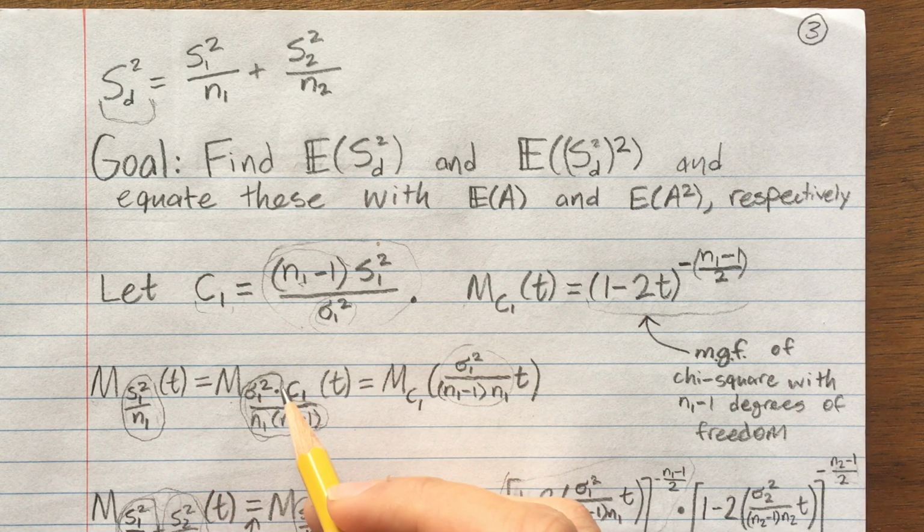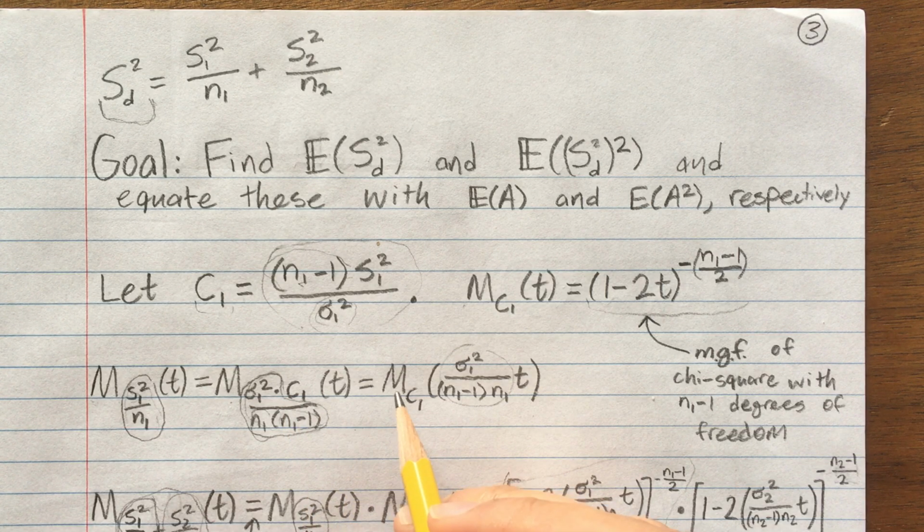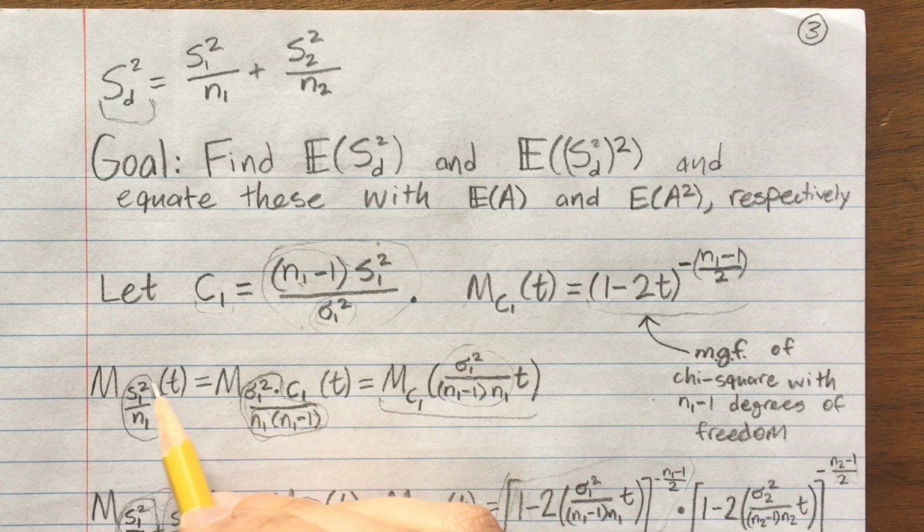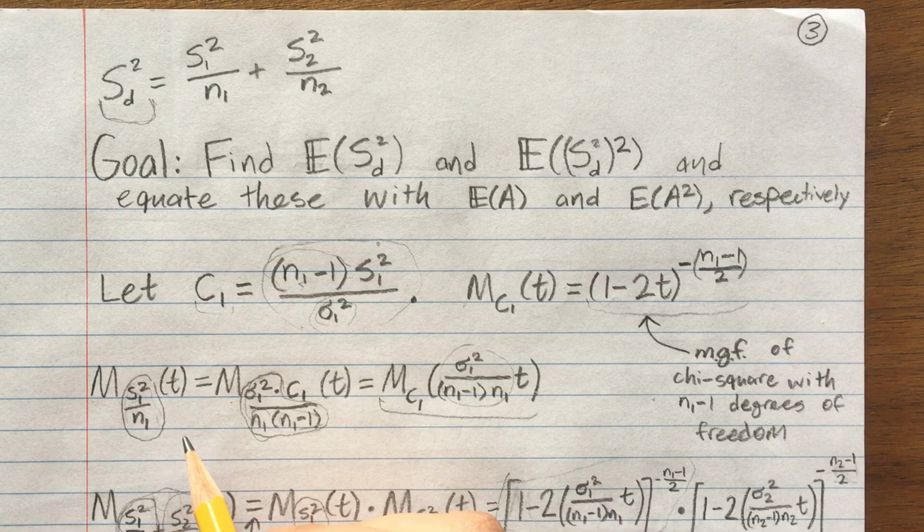And so using our multiplying by constants rule again, we can find the moment generating function of S1 squared divided by n1.